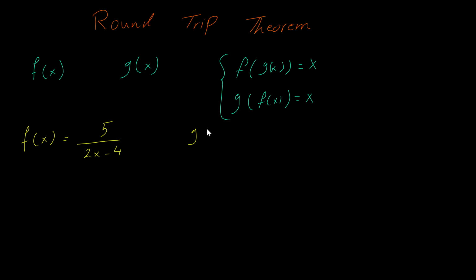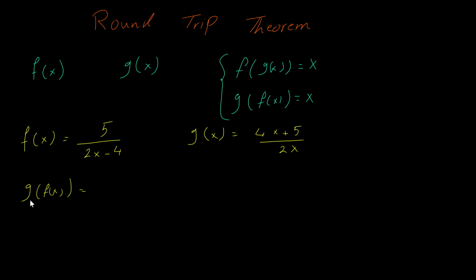And then we have g of x, which is said to be the inverse of f of x, and it's equal to 4x plus 5 over 2x. We are asked to prove that g of x is actually the inverse of f of x. So we have to do these two to prove that. The first one, g of f of x. Let's do this one first.